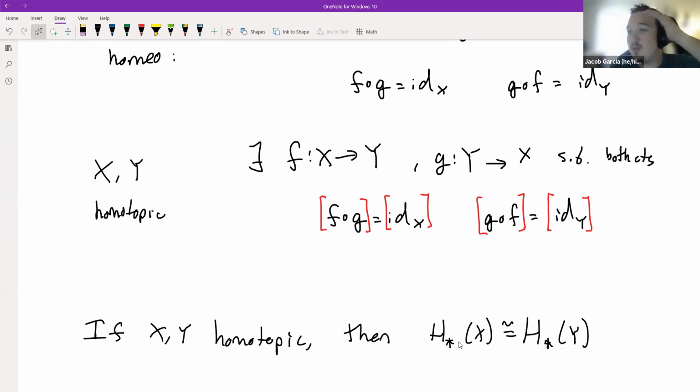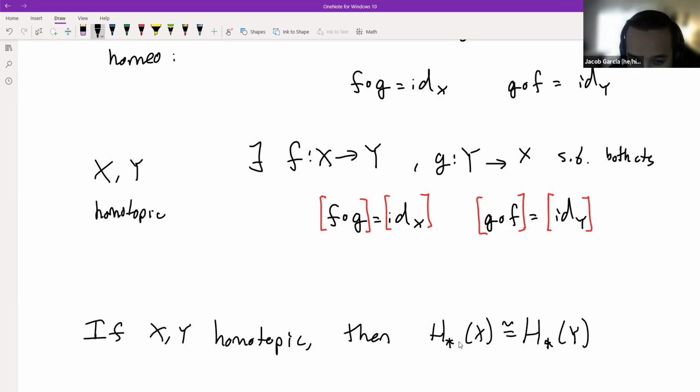So this is one of the subtleties which is often frustrating if you just listen to Schultz. When he writes H star X, that means the entire homology chain, which includes the maps between them.